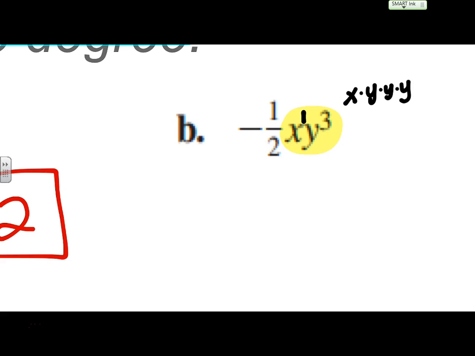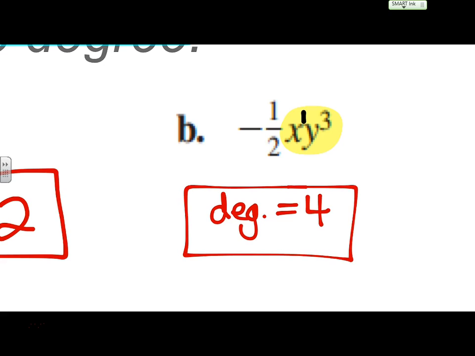So if we add together all the exponents, what would be the degree of this one if we're adding together the exponents of just the variables? Yeah. Degree equals 4. Take the exponents of the variables and add them together. 1 plus 3 is 4. Okay.